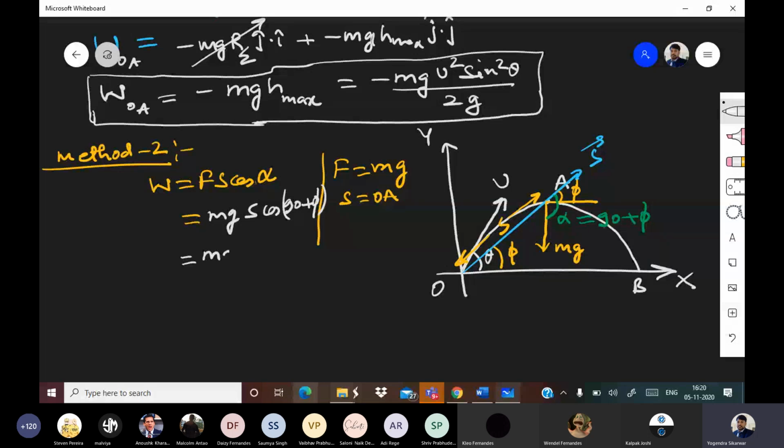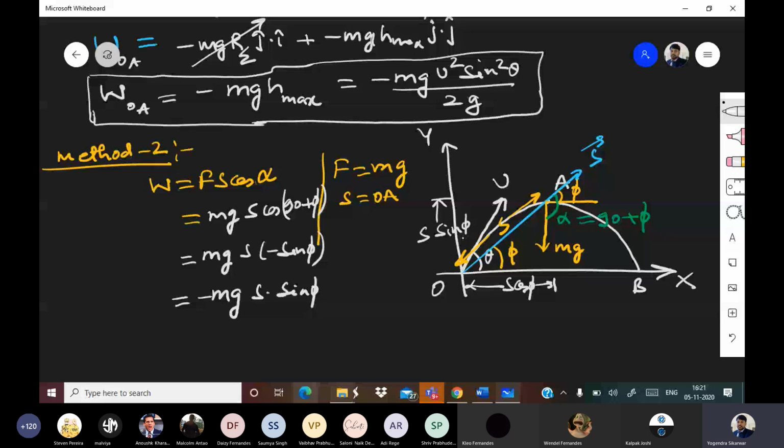So W is equal to F, which is mg, times S, times cos of 90 plus phi. Cos of 90 plus phi is minus sine phi, if you remember. So this becomes minus mg into s into sine phi. Now pay attention. This is your s cos phi and this is your s sine phi. So s sine phi is nothing but h max.